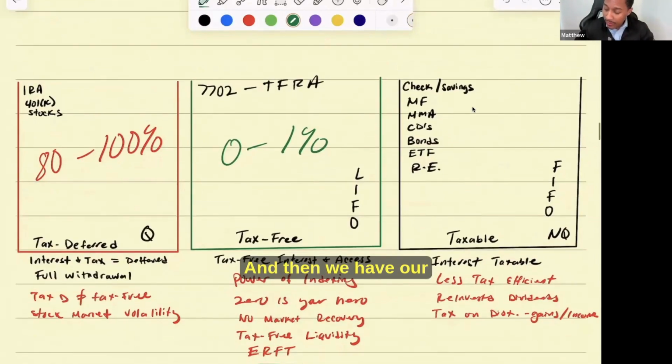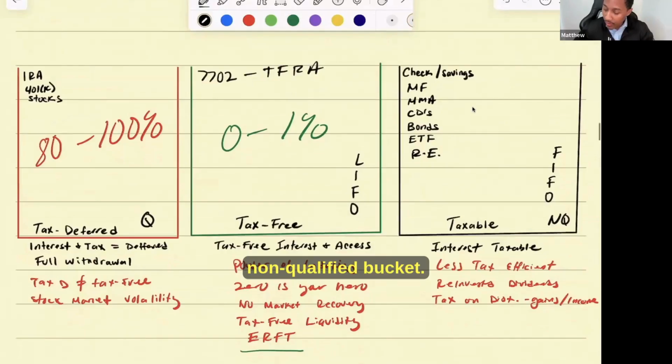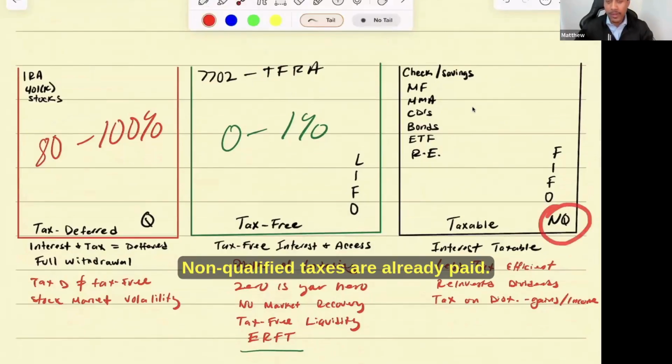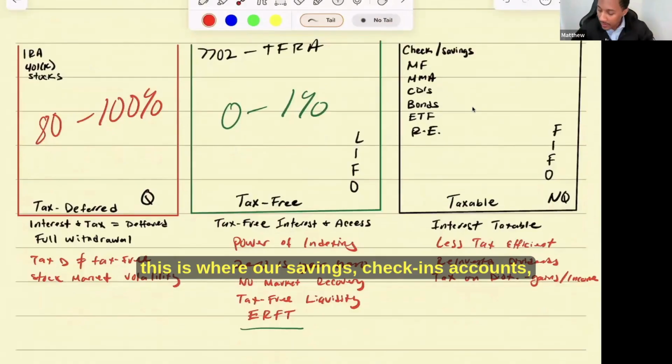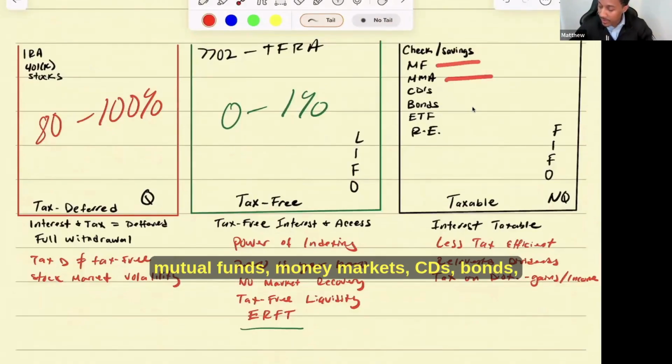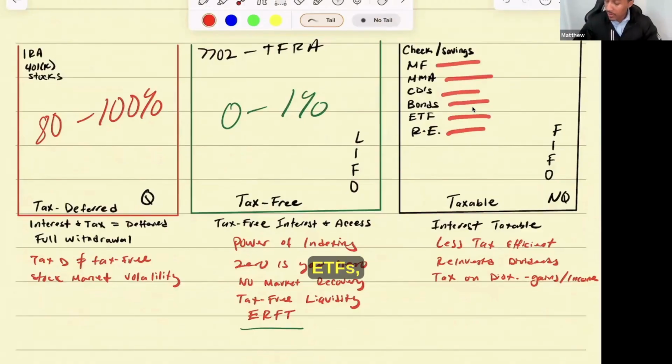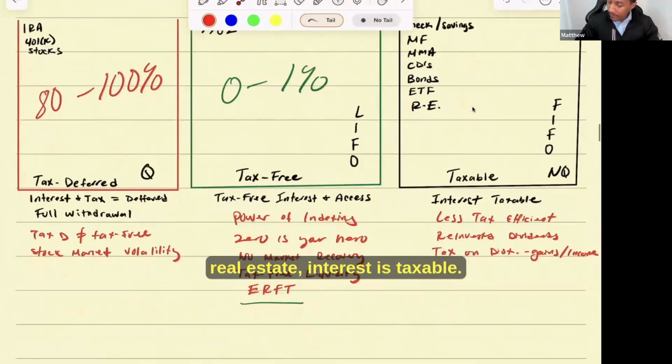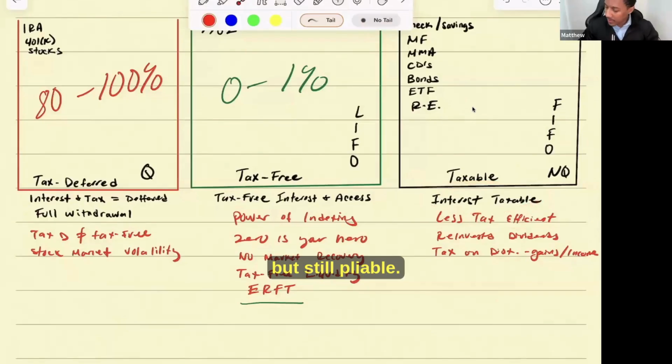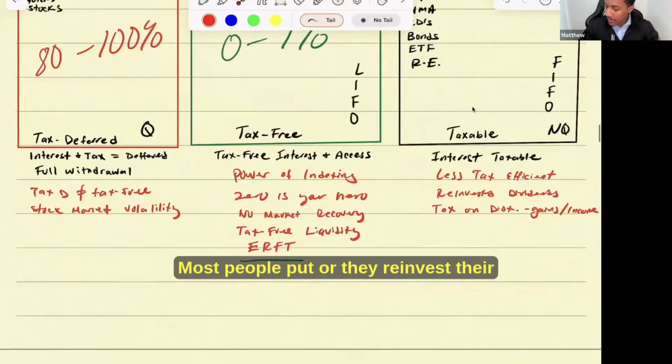And then we have our non-qualified bucket. Non-qualified, the taxes are already paid, or you're taxed every year. This is where our savings, checking accounts, mutual funds, money markets, CDs, bonds, ETFs, real estate are. Interest is taxable, less tax efficient, but still pliable.